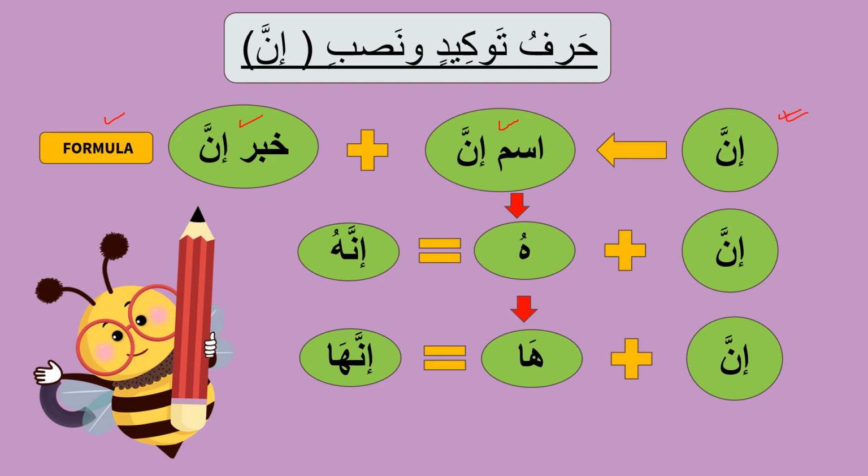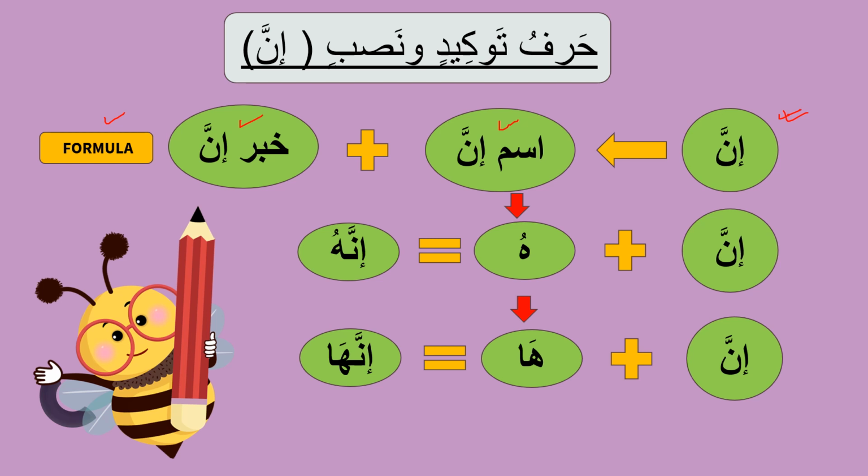So inna, when it gets attached with the damir hu, it becomes innahu. Inna with the damir ha becomes innaha, and it goes the same with all the damirs. There is a slight difference with some damirs, and we will see it later. So this is the basic understanding about attaching the damirs with inna.